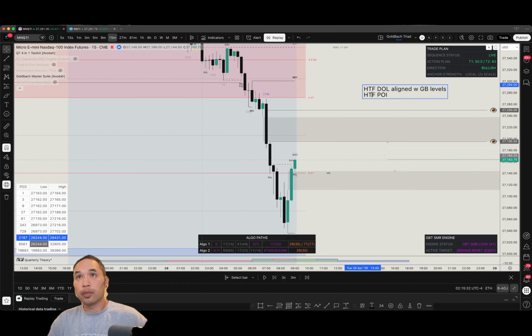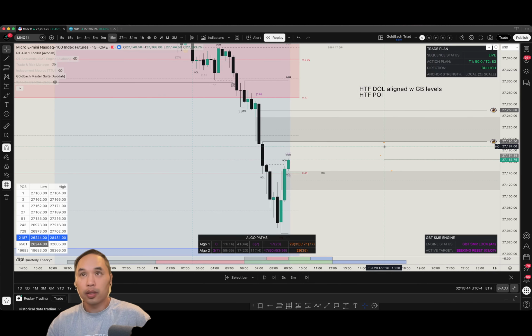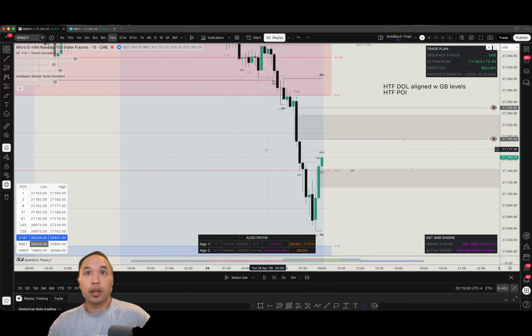So all this aligns with GB levels. That's the way that I see price now: everything's really got to align with Goldbach levels to be a significant POI or draw on liquidity. So that was the higher time frame analysis.